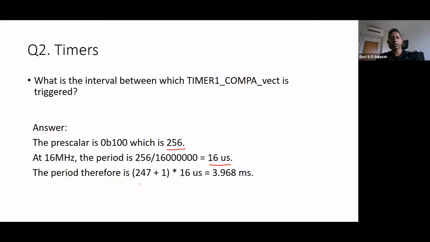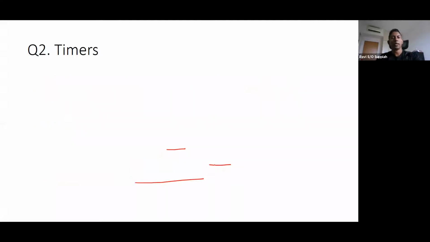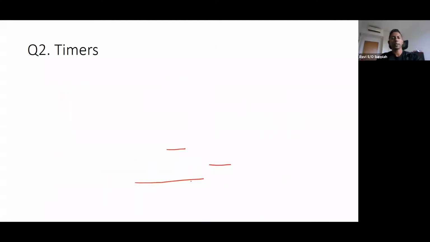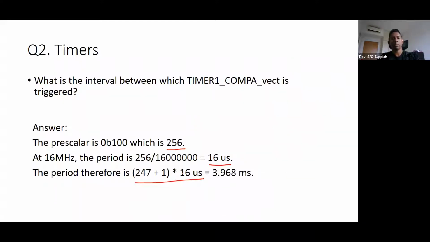If you look back at the formula we'll be using, it is 247 plus 1, where 247 is the value that OCR is holding, so it counts 0 to 247. So it is 247 plus 1 multiplied by 16 microseconds, and you get an interrupt interval of 3.968 milliseconds. I think these are things you are familiar with; we have been doing this in the studio as well.